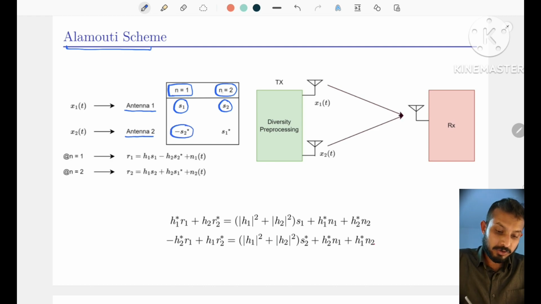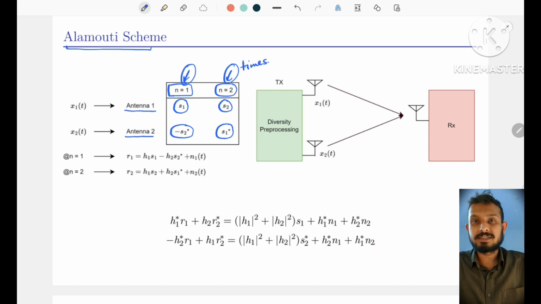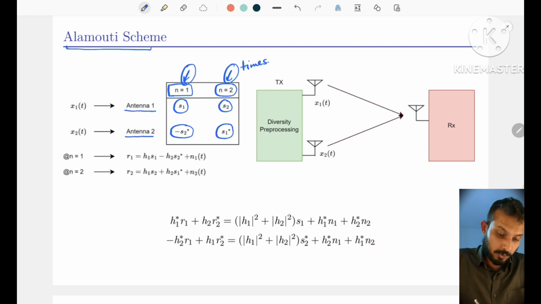And then at n equal to 2, you send S1 conjugate. So these are two different times, or you can say two different symbol periods. So at two different times, we are sending two different signals from antenna 1 and antenna 2.